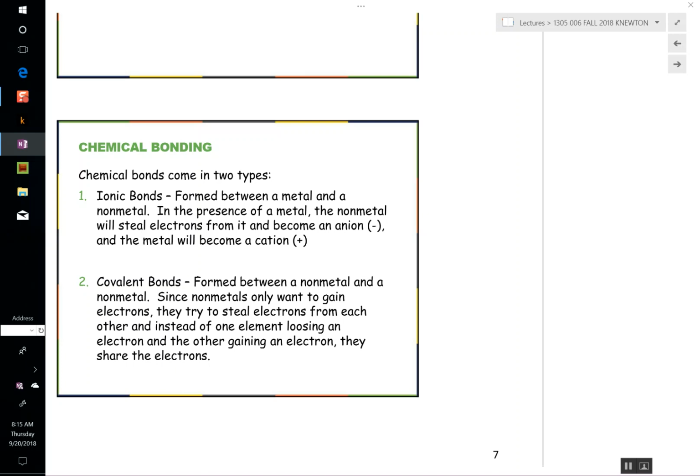When these things react together, they form covalent bonds and they share electrons. A nonmetal with a nonmetal, or when you actually have the atom react with another atom of itself. F2, fluorine 2, chlorine 2, bromine 2, iodine 2. They are exactly equal atoms and they don't transfer electrons, they share them between them. So that's a good thing to remember.